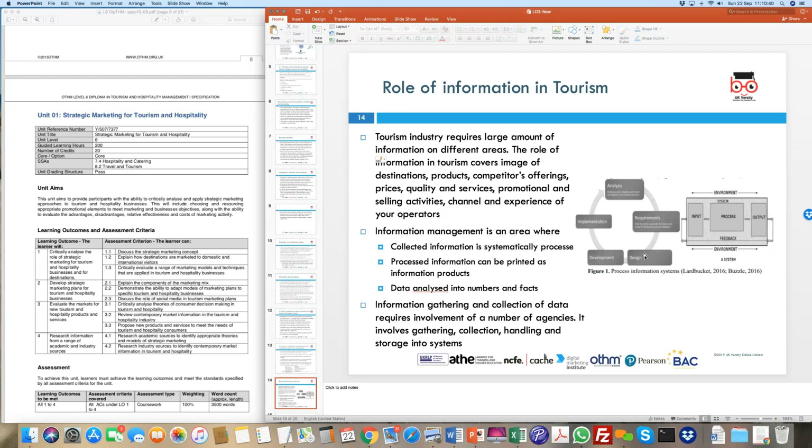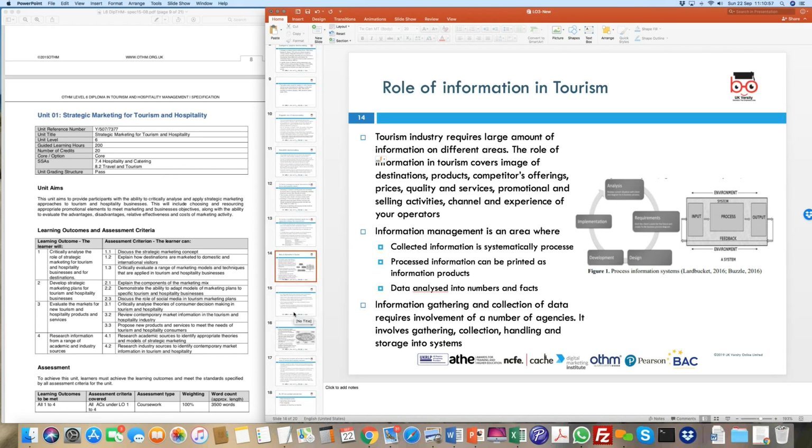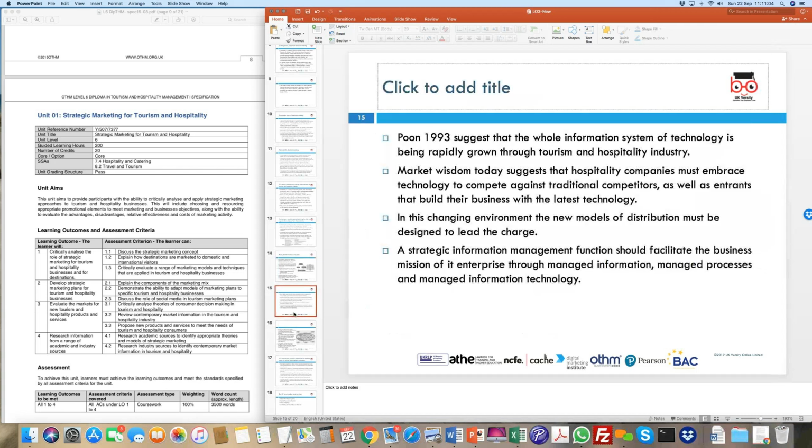And at some stage, some part of this is implemented across different locations, different branch offices, or if you're a hotel chain, across different hotels, because it allows you to manage the process centrally. So information management systems have provided a lot of advantages within this sector, because information tends to be the key for all activities which start off within any business, and specifically so in this business as well.